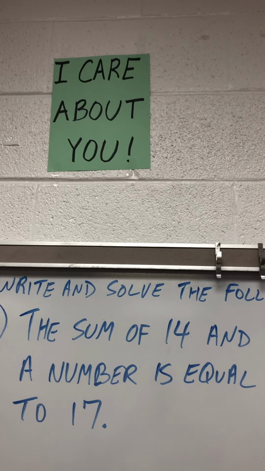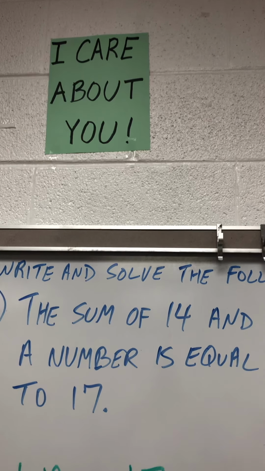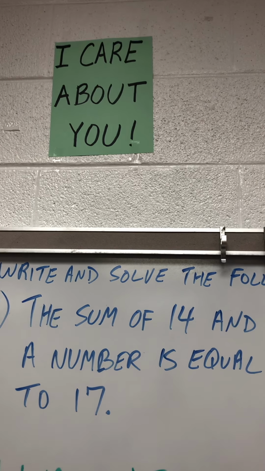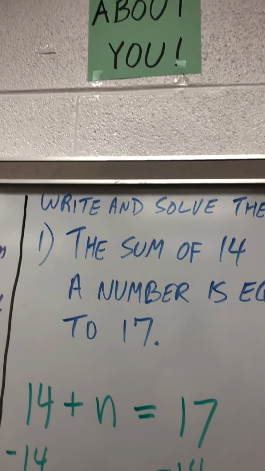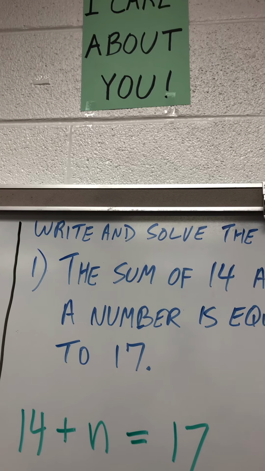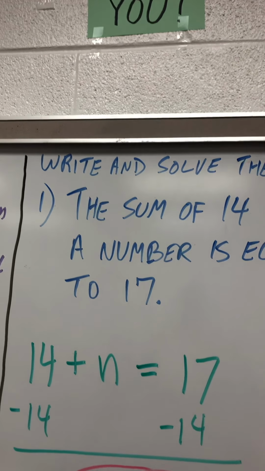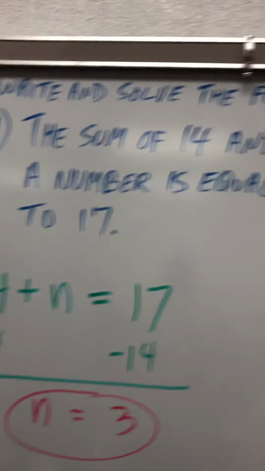I'm going to use a letter for a number. Normally I'm going to use n to describe a number. Sum of 14 and n equals 17. I'm going to minus 14 from both sides and get n equals 3. Okay.